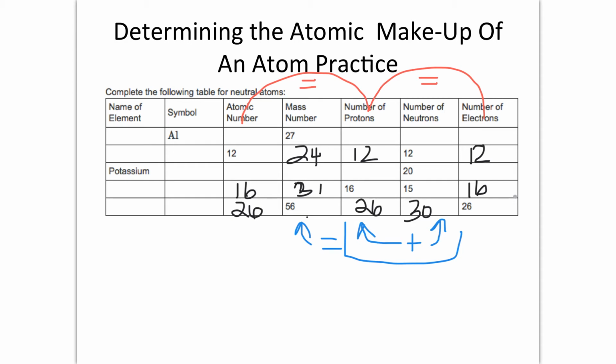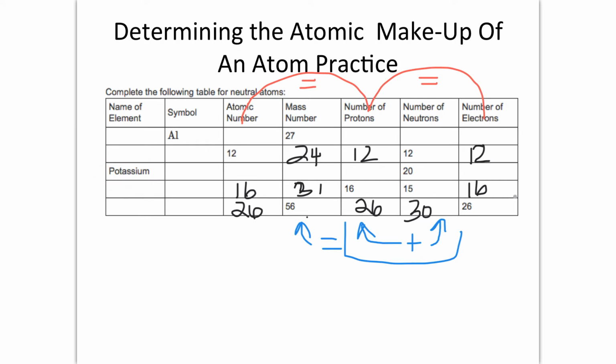Let's continue on because we still have a lot more things to fill in, but we're getting close now. So the last one here, this row here, seems to have the least amount of information in it. But we have a big piece of information right here, potassium.